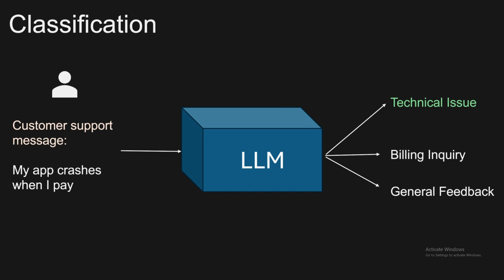Let's take a simple example from a different domain to show how this works. Imagine you have a customer support message and you need to forward the incoming message to one of three domains: technical issue, billing inquiry, and general feedback. These three categories form a three-class classification problem. The goal is to read the user's text, then pick exactly one of the provided labels.